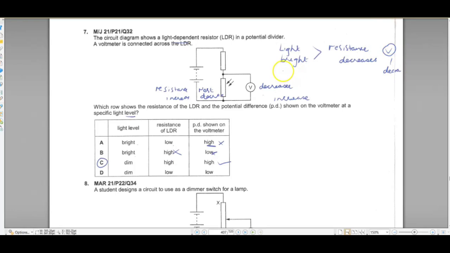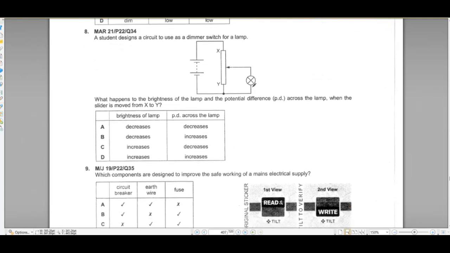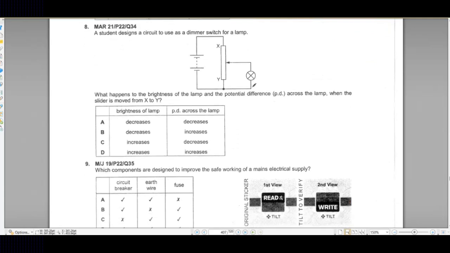And when the light is dim, the resistance actually increases, and as the resistance increases, the voltmeter reading is also going to increase. As now they are parallel to each other, in the circuit this happens that when the resistance increases, the reading on the voltmeter also increases. Okay? We've done this in the previous section as well.